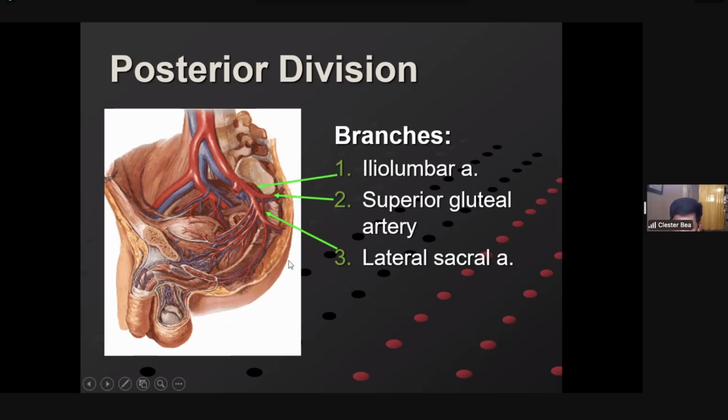You have the lateral sacral, which penetrates the sacral foramina and gives blood supply to the meninges found in the sacral canal. And you also have the superior gluteal artery. This is the counterpart of the inferior gluteal artery coming from the anterior division. It is called superior because it goes above the superior border of the piriformis. Again, it supplies blood to the gluteal region.